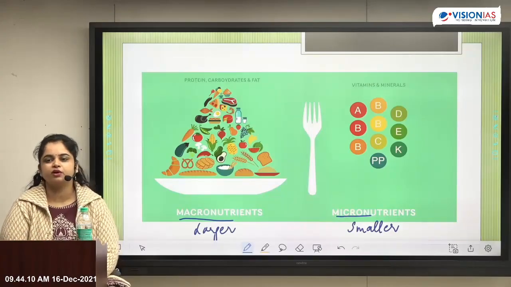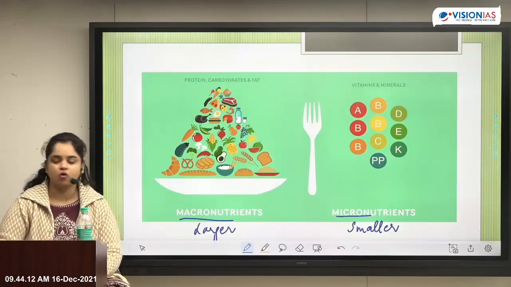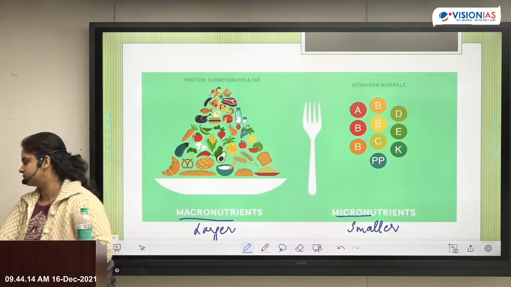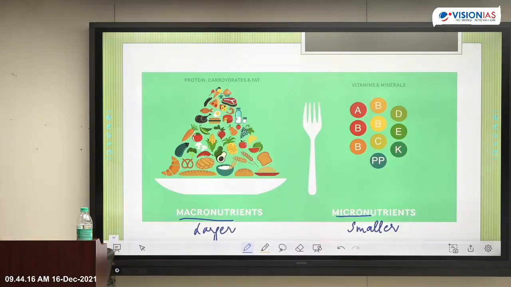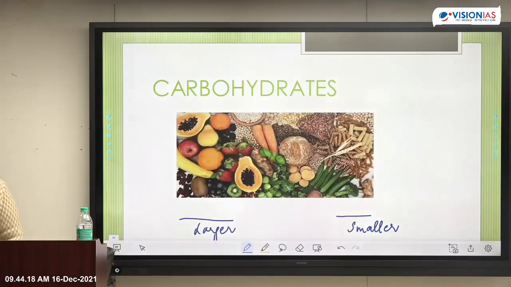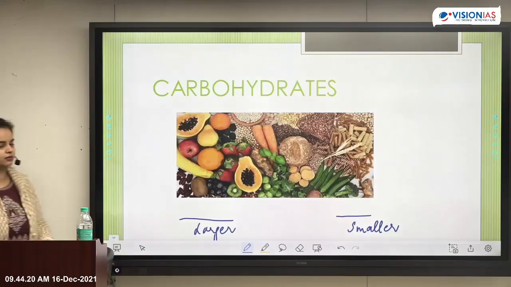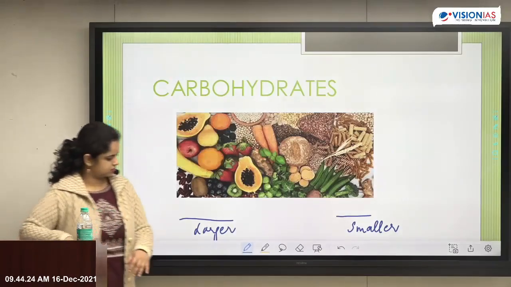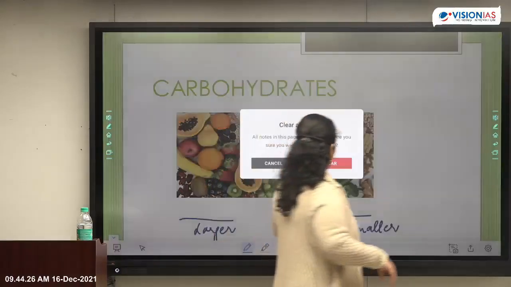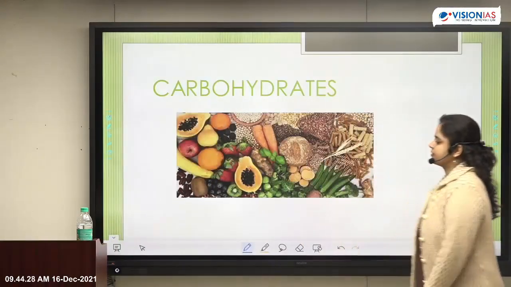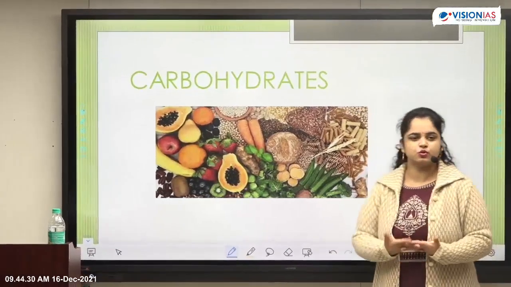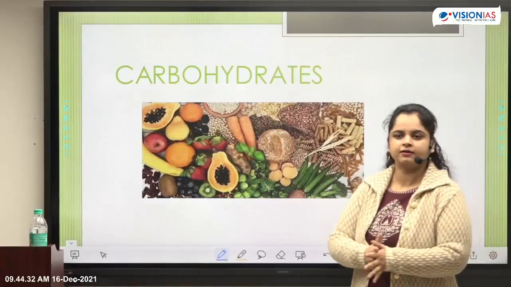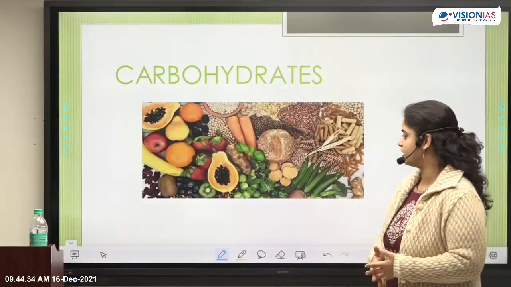So now we are going to discuss one by one all these 5 nutrients. Starting with carbohydrates. So you can see some of the sources of carbohydrates here. Of course you know about carbohydrates also.